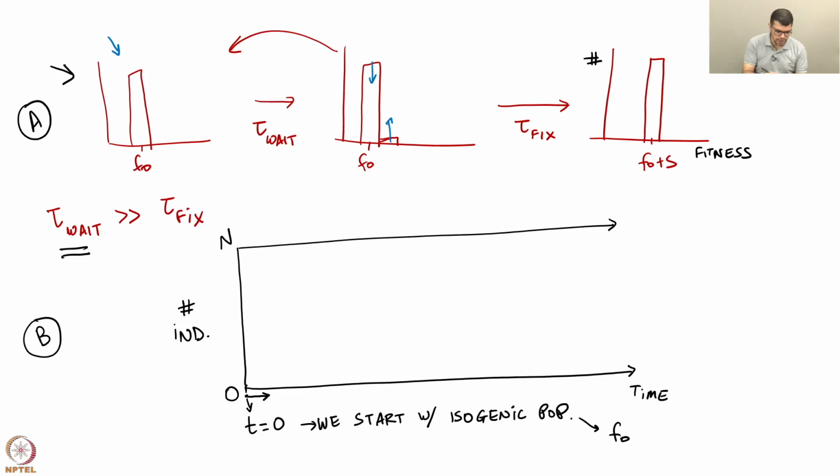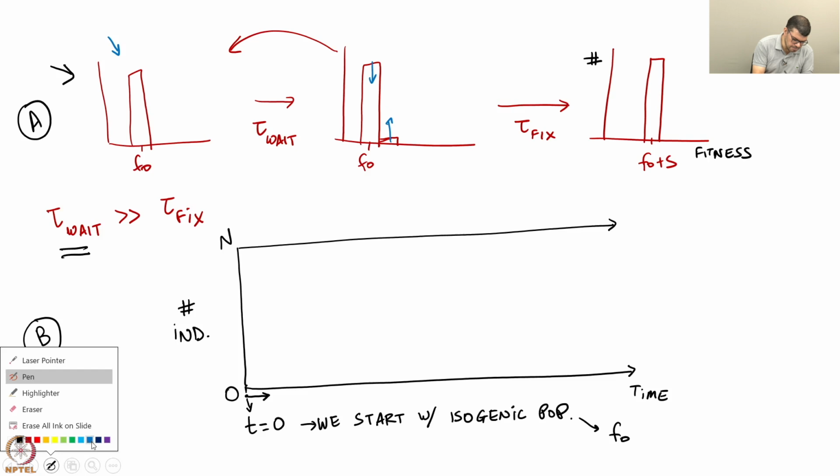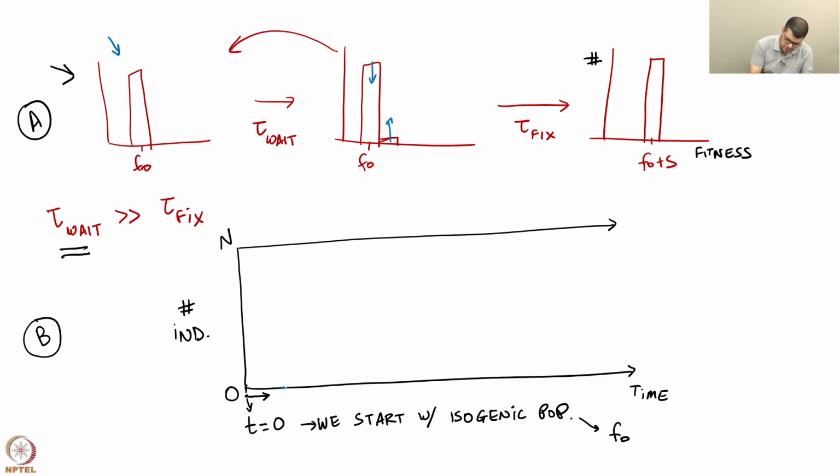And what is going to happen is that at some point a beneficial mutation is going to take place, and this point represents the fact that there is this one individual which is carrying this beneficial mutation, and the remaining n minus 1 are carrying the ancestral genotype.